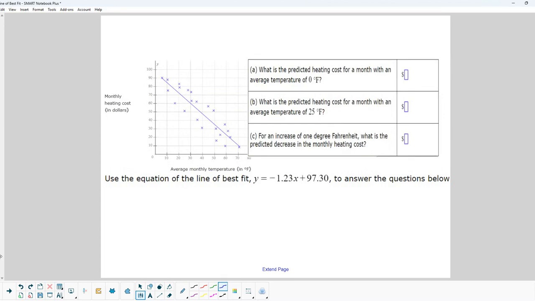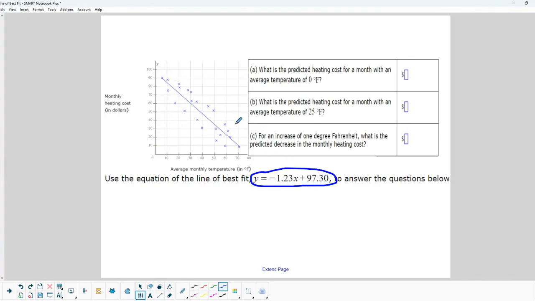All right. On this particular one, this is something that you might see on the assignment, on Alex's assignment. It says, what is the predicted heating cost for a month with an average temperature of 0 degrees? So if you're already given an equation for the line of best fit, this equation already has some important details on it.